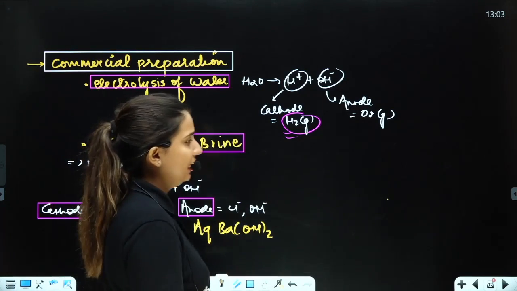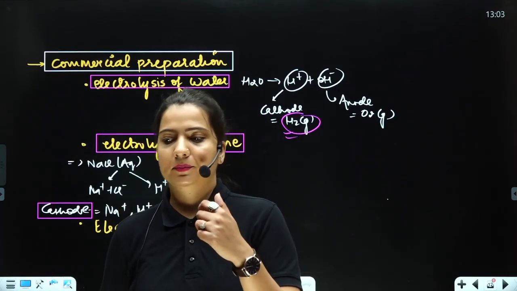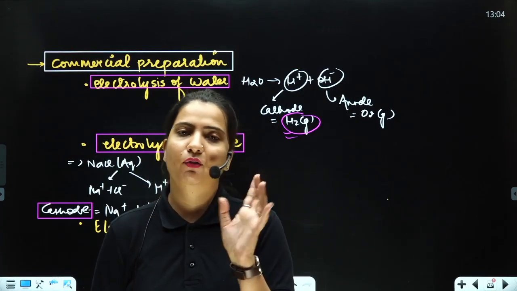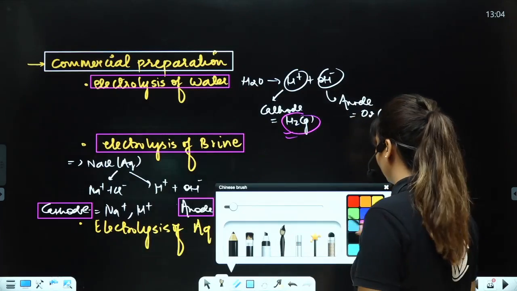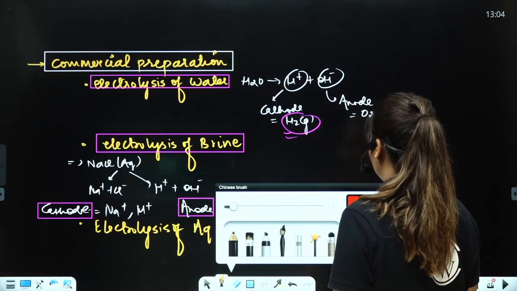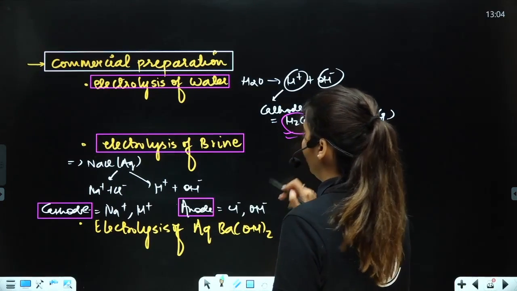Now you know that one of the ions will be getting discharged. Either the Na+ or H+ ion will be discharged, either the Cl- or OH- ion will be discharged. So in the case of the cathode, which will be discharged?